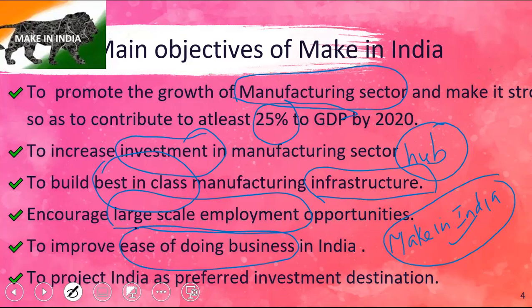Because even the NRIs, non-resident Indians, were not ready to start business in India. You know, children, why not? Because India's business policies were complicated, complex, and time-consuming. That was the reason, if you remember, when Narendra Modi was the Chief Minister of Gujarat, he made a lot of changes in Gujarat.